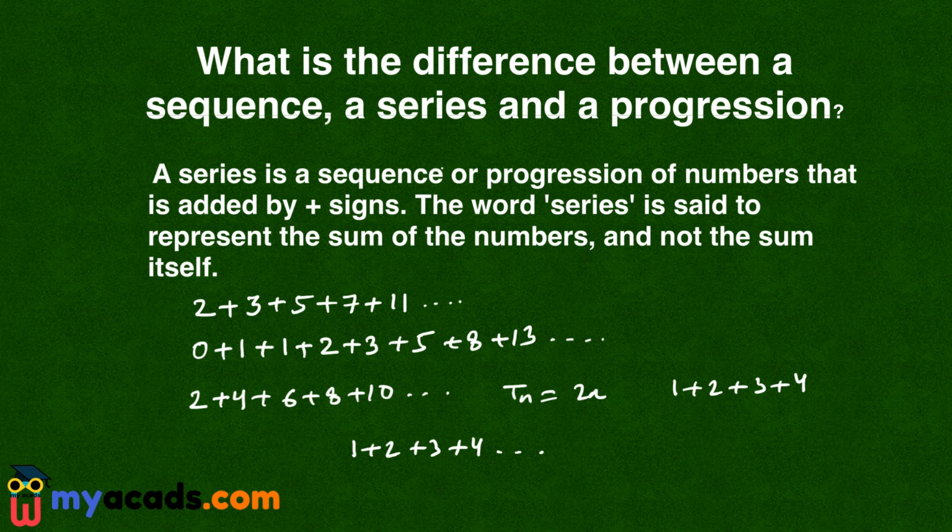The sum of these numbers is 10. So my series is this one: 1 plus 2 plus 3 plus 4. The 10 is not the series. This is the sum of the series. So the word series represents the numbers being added and not the sum itself.